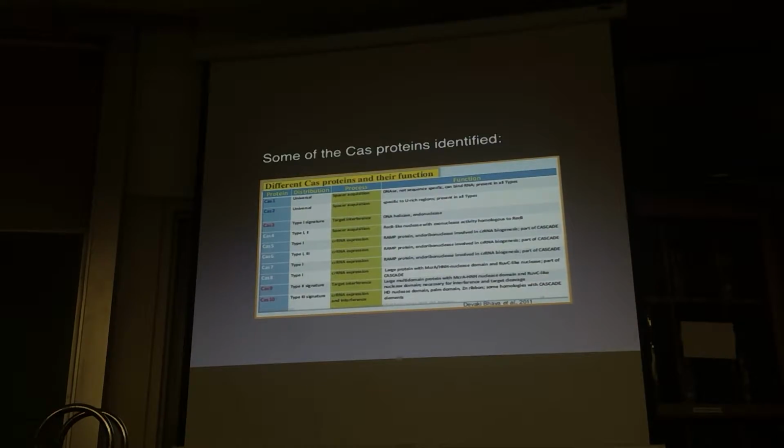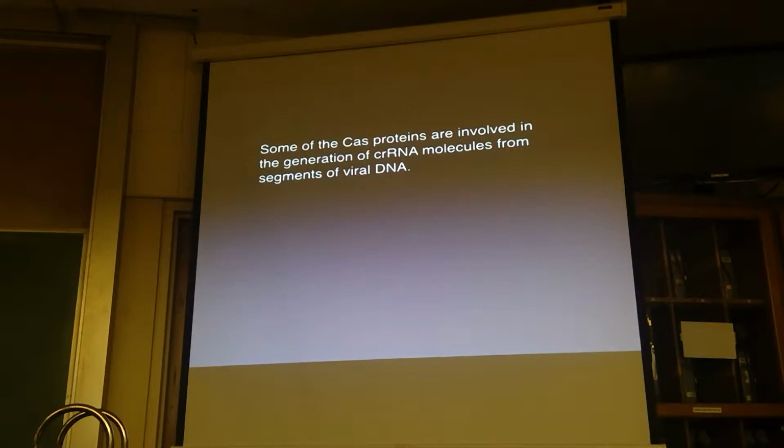What we're mostly interested in is these Cas proteins that are guided to foreign DNA by what are called crRNA molecules. The crRNA is CRISPR RNA. We talked about transfer RNA, messenger RNA, ribosomal RNA, and then in prokaryotic cells we've got this crRNA.